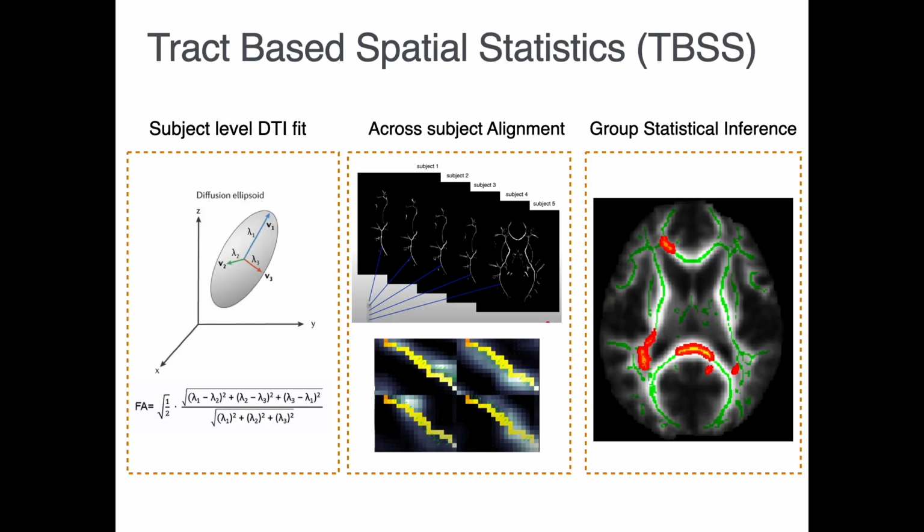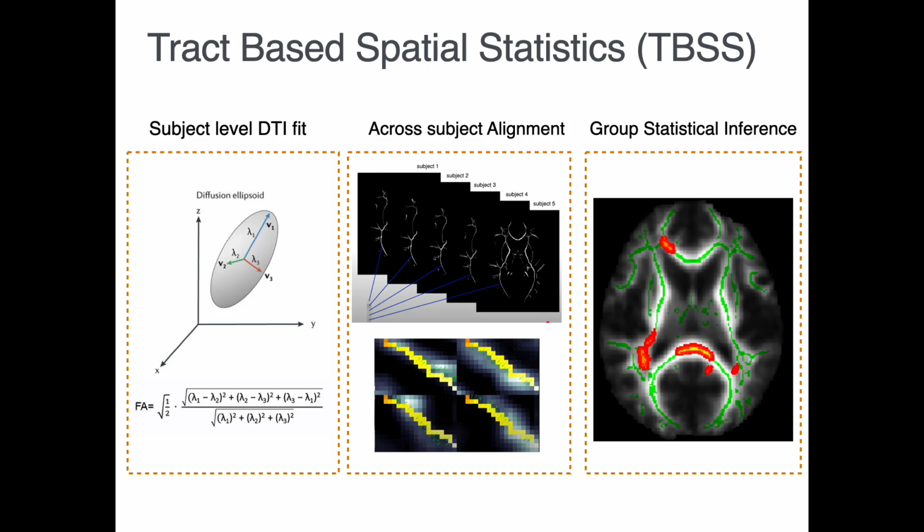One way to approach the problem of a cross-subject comparison of diffusion MRI data is implemented in tract-based spatial statistics, or TBSS. TBSS is based on the diffusion tensor model and uses measures such as fractional anisotropy as a proxy for white matter integrity. It creates a white matter skeleton using FA images that includes major fiber bundles in the deep white matter.